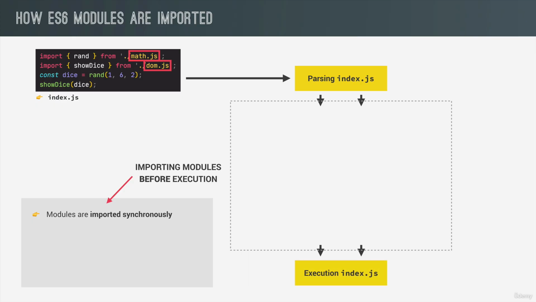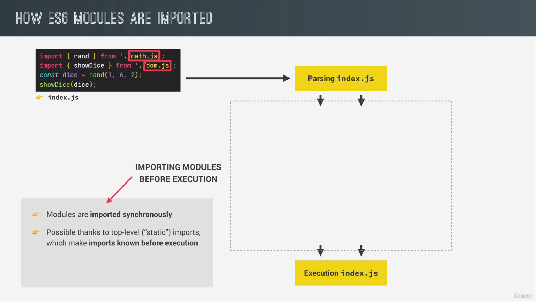Now, this is only possible because of top-level imports and exports. That's because if we only export and import values outside of any code that needs to be executed, then the engine can know all the imports and exports during the parsing phase, while the code is still being read before being executed.